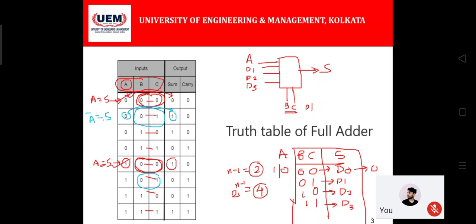That means whatever the value of A, that gets complemented to get the sum. For the second case also, you will find when B and C is 0, 1, if A is 1, then sum becomes 0. So there again, there is a complementary operation that is going on. So in that case also, A bar becomes S.